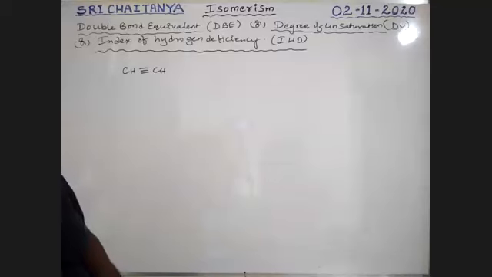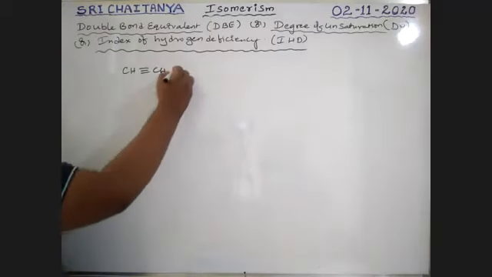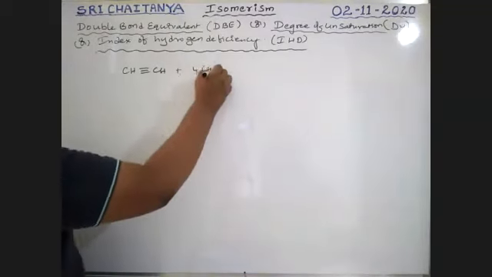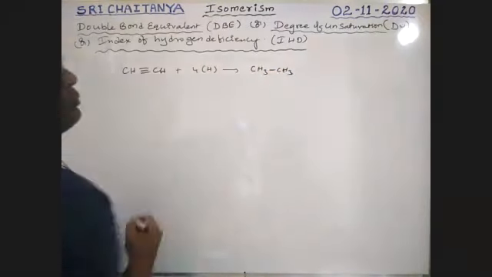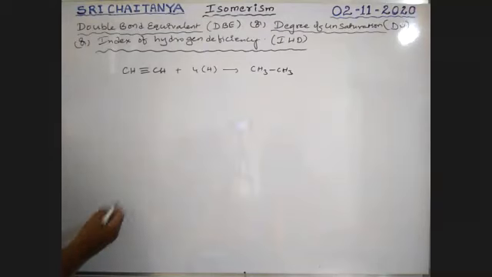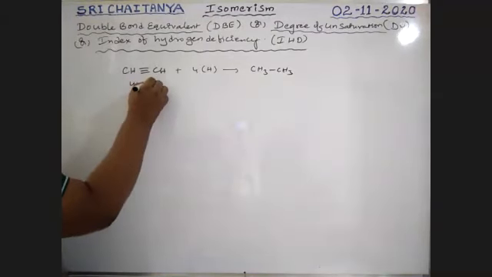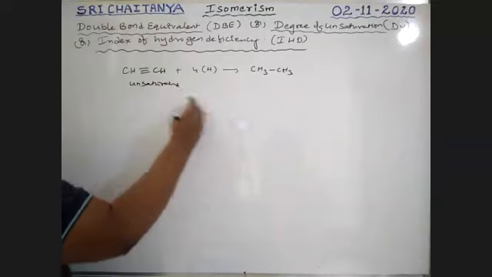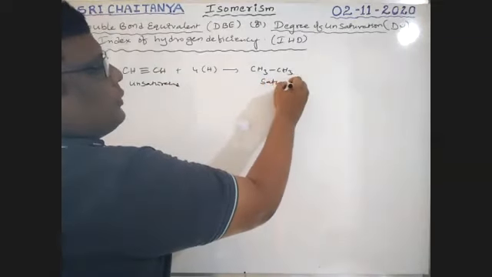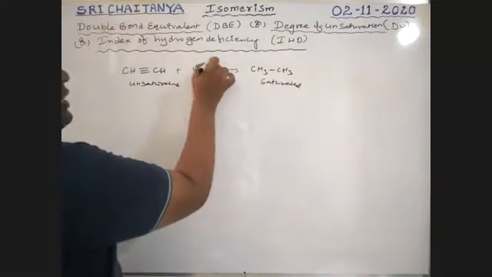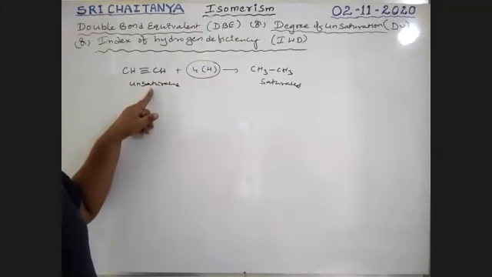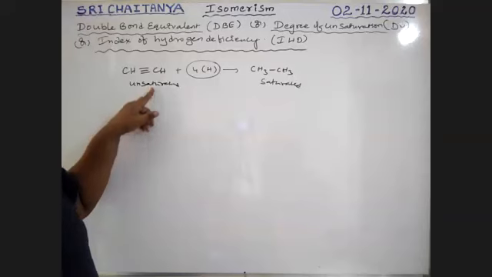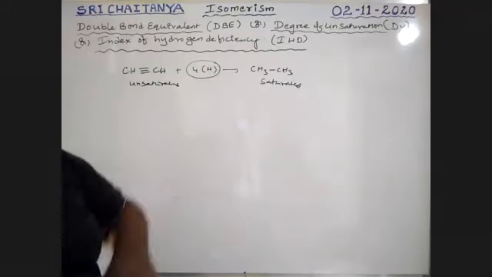So this requires 4 hydrogens to convert to CH3CH3, which is a saturated compound. That means there is a deficiency of 4 hydrogens for this unsaturated compound. By gaining those 4 hydrogens, it is converted into a saturated compound.